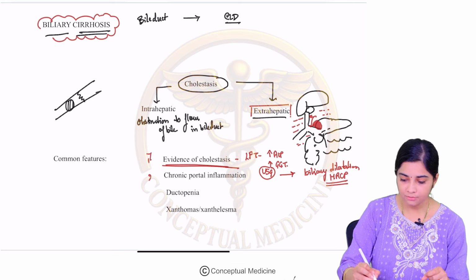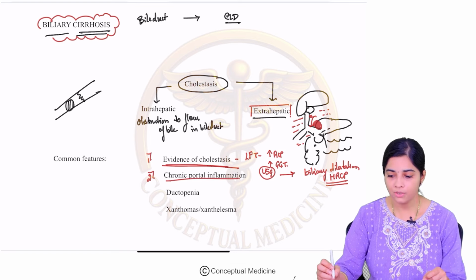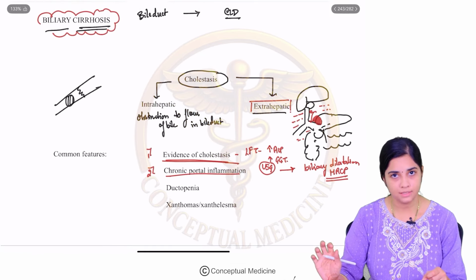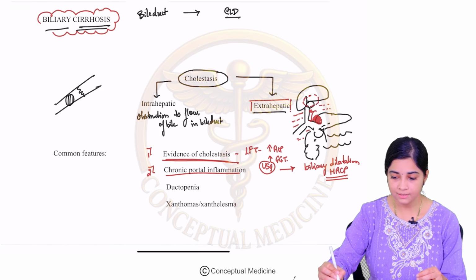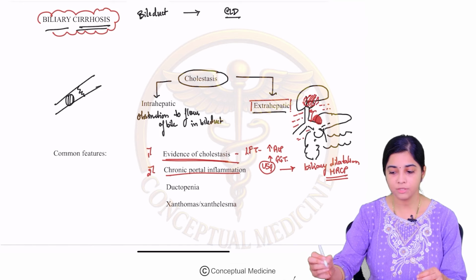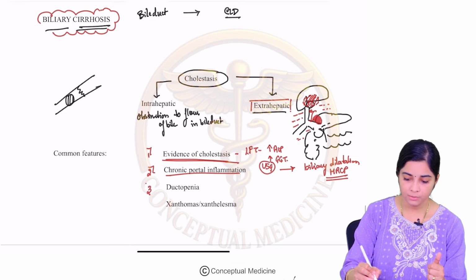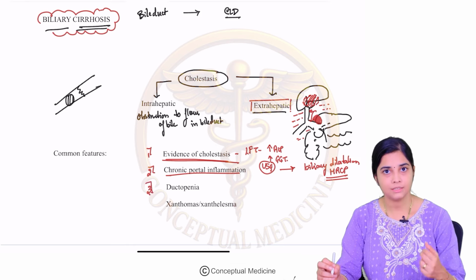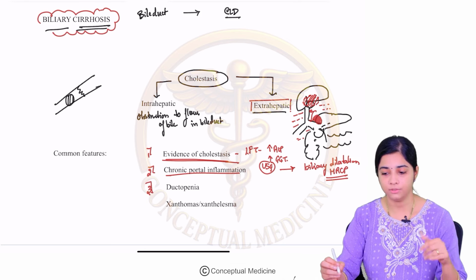The second feature would be evidence of chronic portal inflammation. Whenever there is cholestasis, the portal tract is the one which gets affected first, so you can find evidence of chronic portal inflammation. Over the course of time, the inflammation in the biliary tract spreads over to the liver.